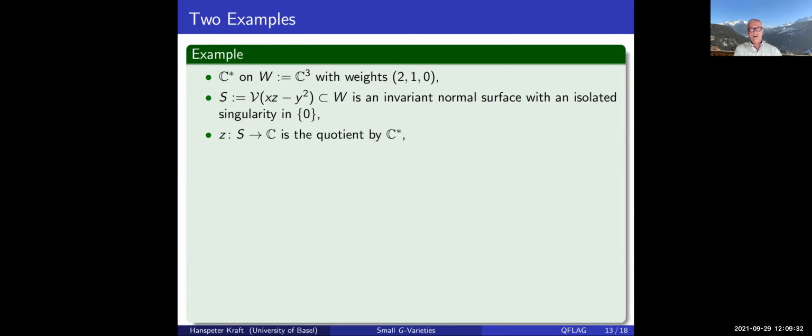The quotient by C star is just a projection on the last coordinate. It's also easy to see.